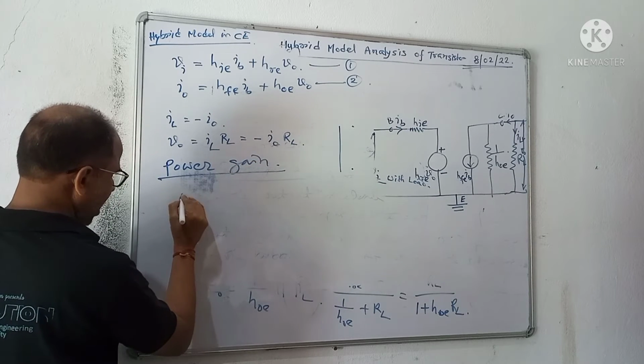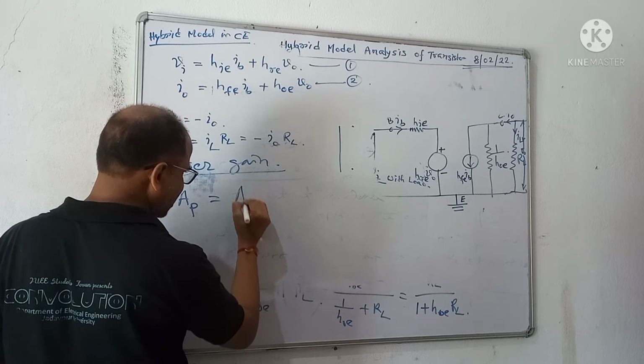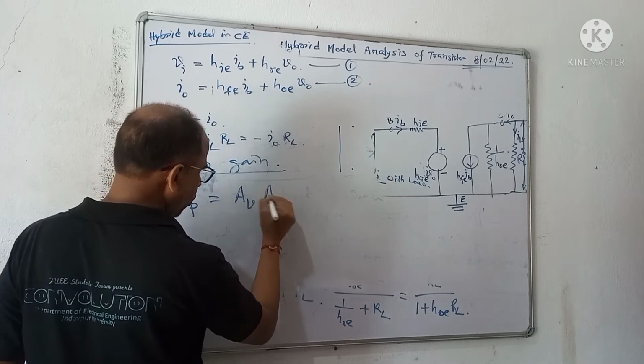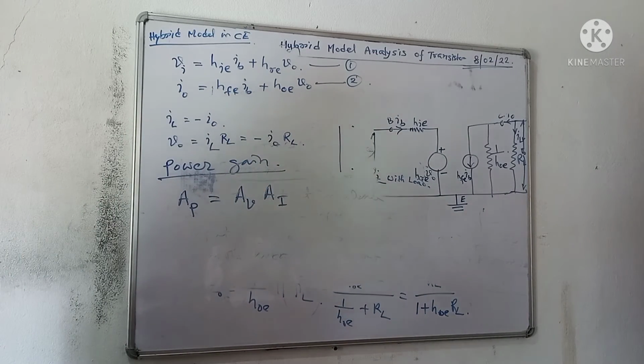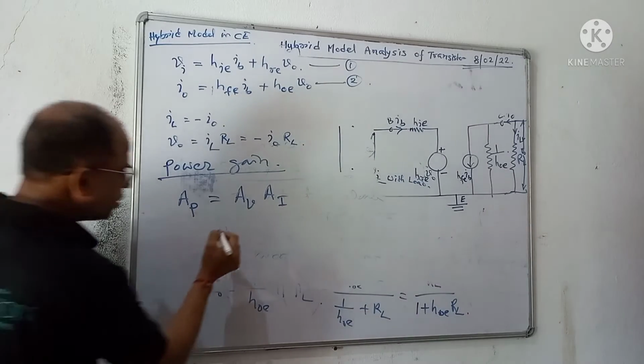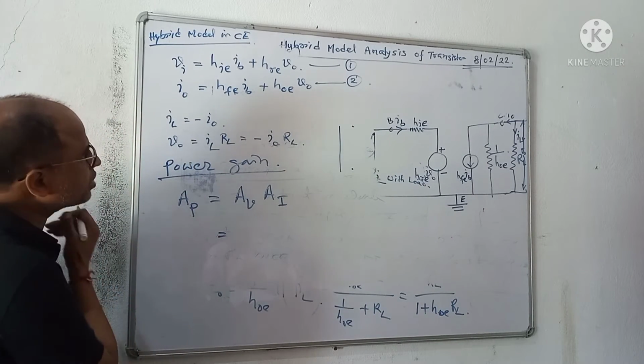By definition, AP is equal to voltage gain into current gain. Right? Now, what is the voltage gain expression?